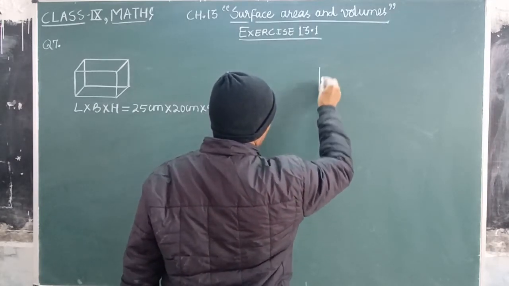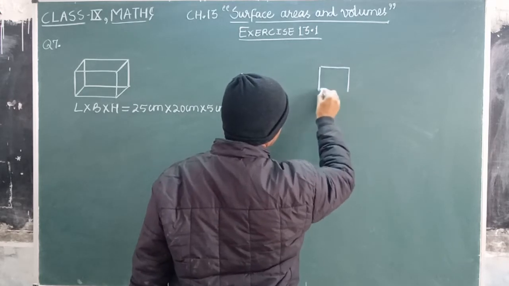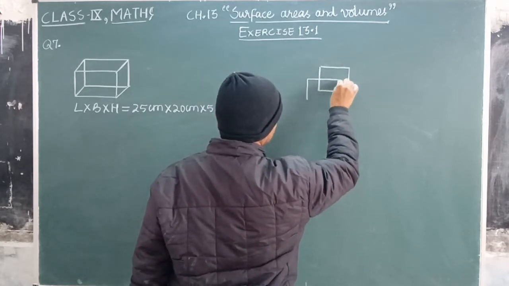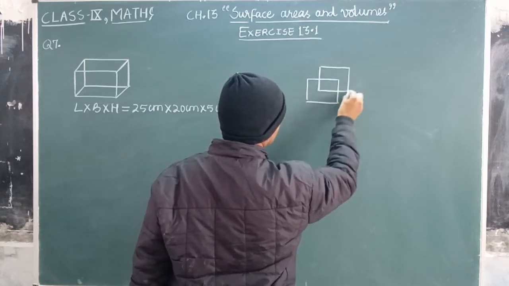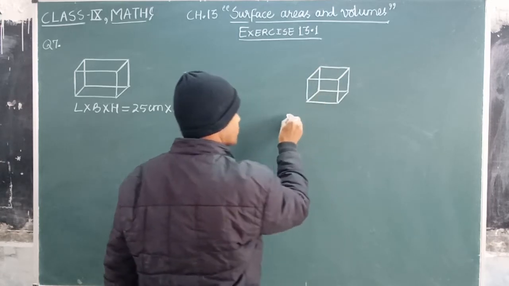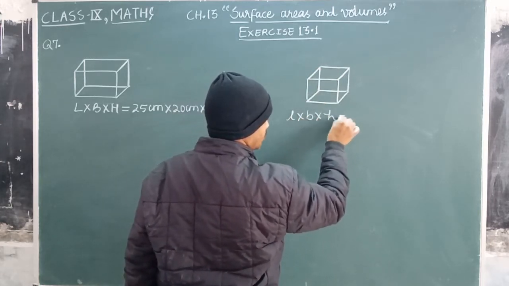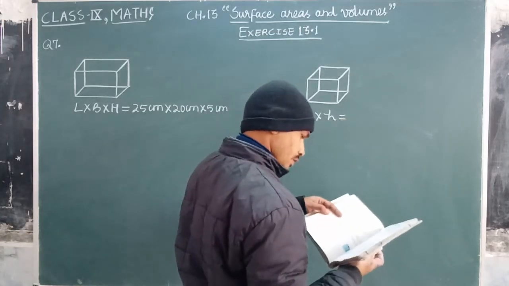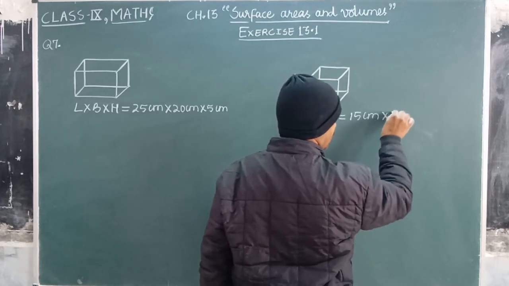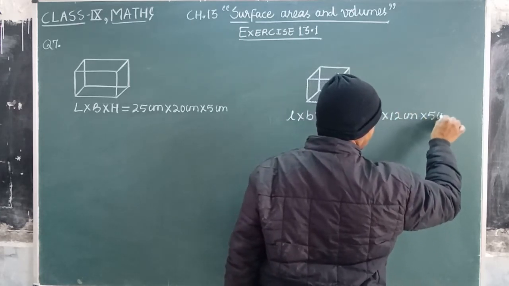This one is the smaller box, of dimension L B H equals 15 centimeter by 12 centimeter by 5 centimeter.